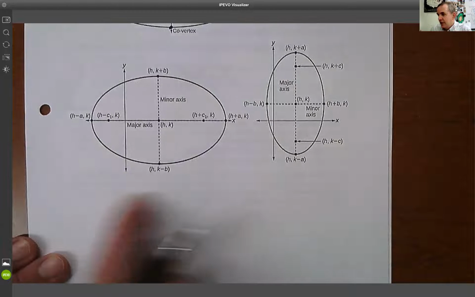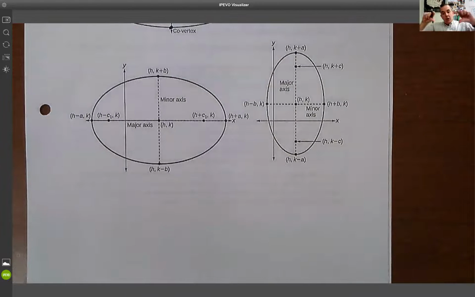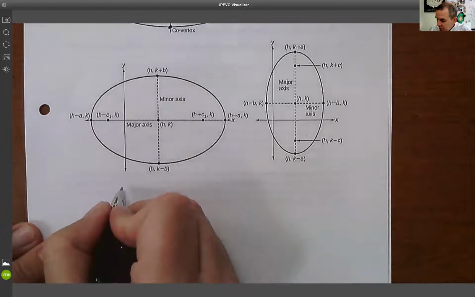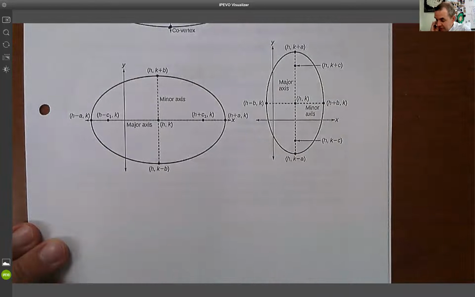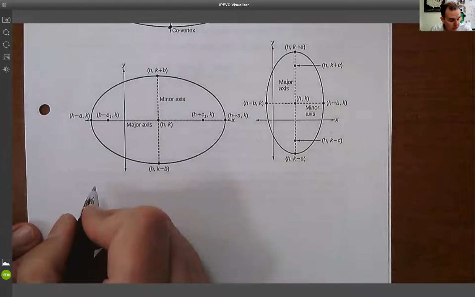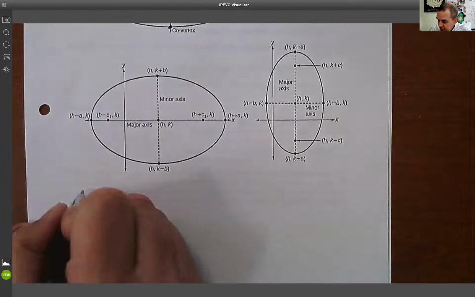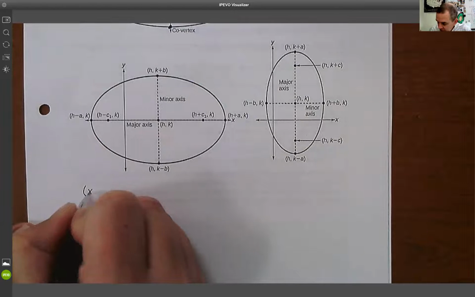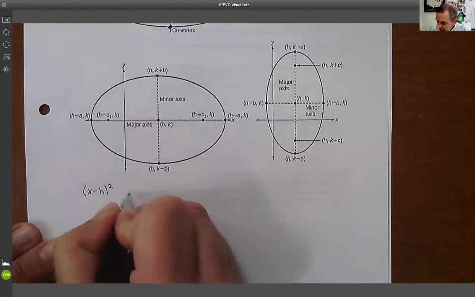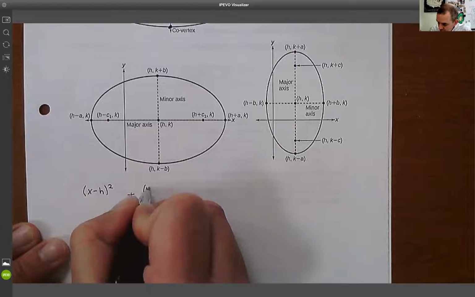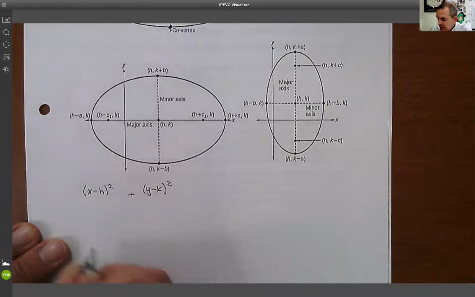This is our horizontally aligned one. It's still going to be (x − h)², still plus, still (y − k)².